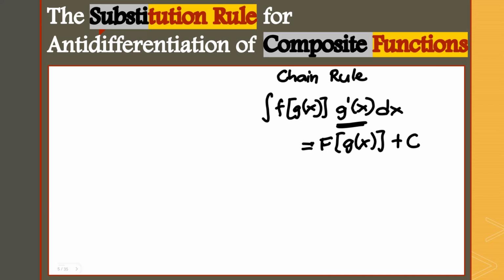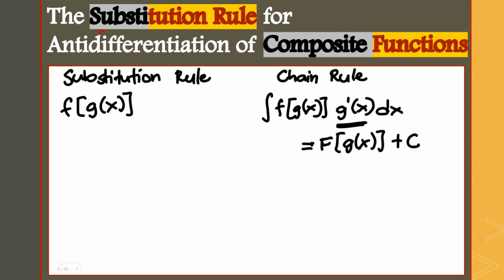Now, let's make a distinction with the substitution rule. The substitution rule is used when our functions are a little bit complicated, but still a composite function. Let's say you have still f of g of x.